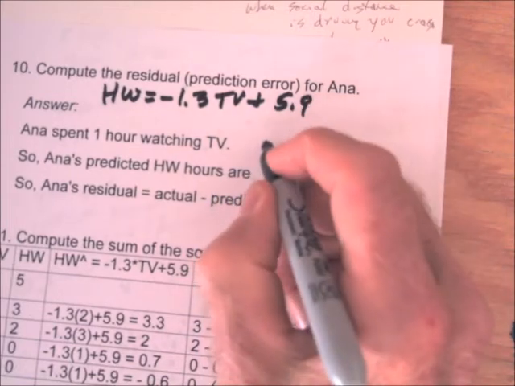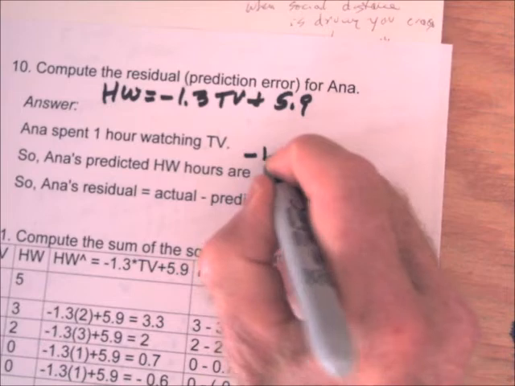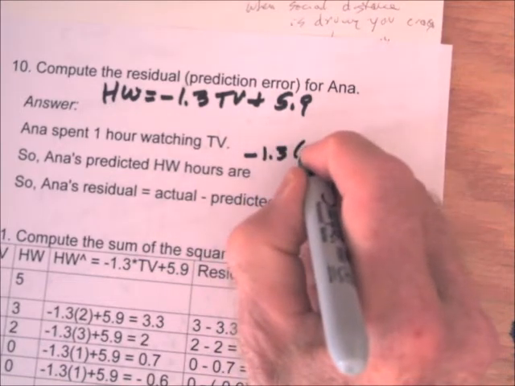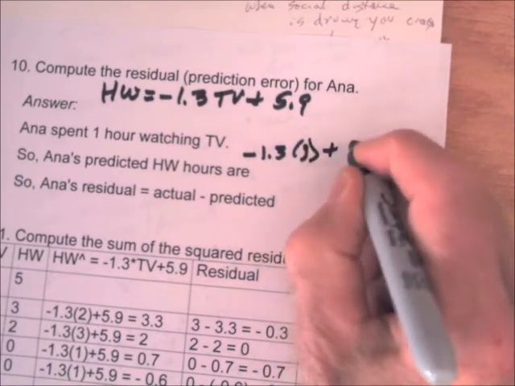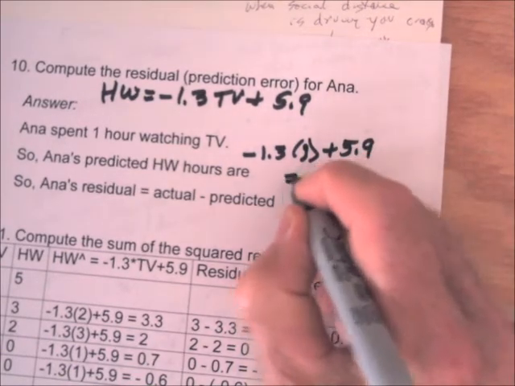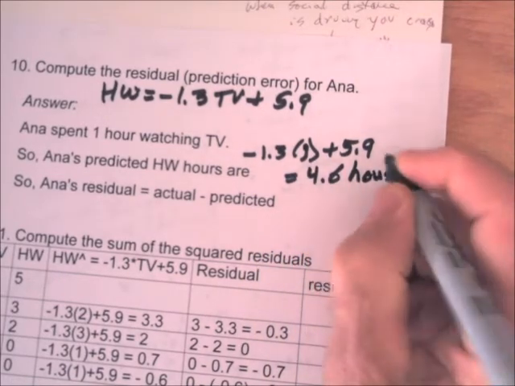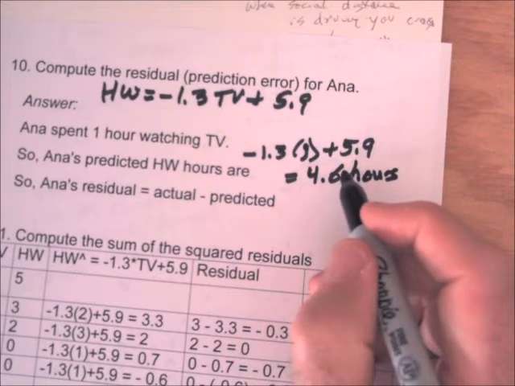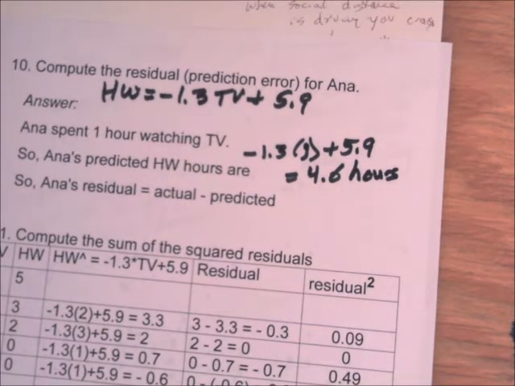So in Anna's case, it would be negative 1.3 times 1, Anna spent 1 hour watching TV, plus 5.9, and that comes out to be 4.6 hours. So based on this equation, Anna's predicted homework hours are 4.6.